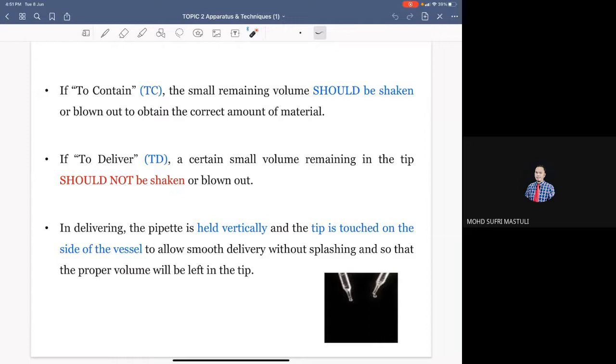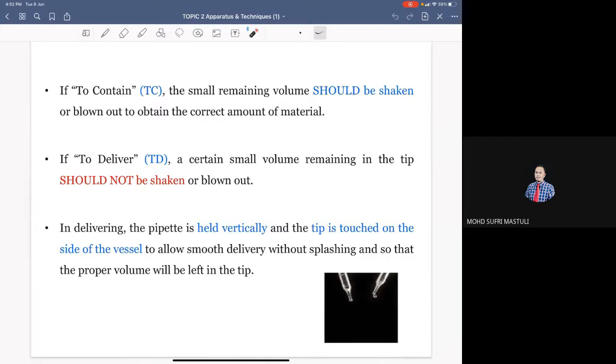If the pipette is labeled TC, to contain, the small remaining volume should be shaken or blown out in order to obtain the correct amount of material or sample. If its marking is TD, to deliver, a certain small volume remaining in the tip should not be shaken or blown out.